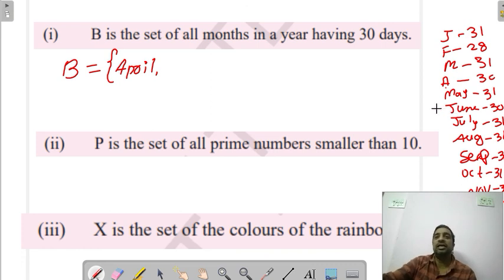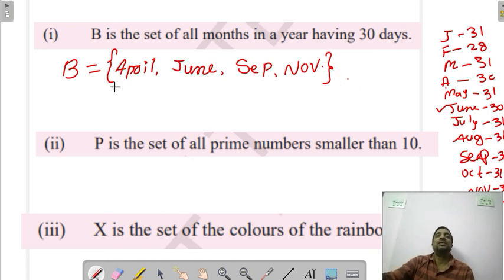Next June, very good. Next, children, after June, September, very nice. After that, November, very good. Any other? December contains 31 days. So these are the months which have 30 days. That's why we have written all these in set symbol, and that becomes set B, whatever he asked.